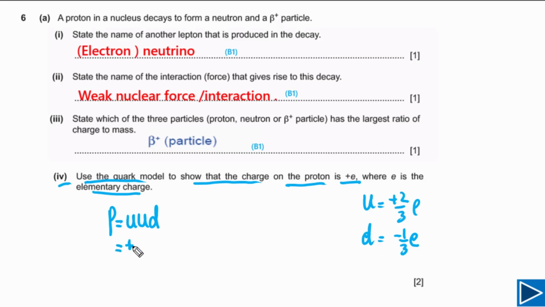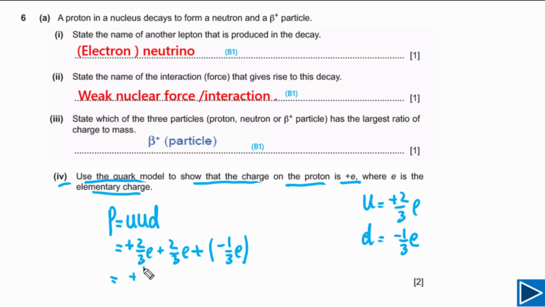So the charge on 1 up quark is 2 by 3e. We have 2 up quarks, so we write this 2 times, and we need to add the charge on the down quark, and the charge on the down quark is minus 1 over 3e. Now simply we can add these: plus 2 by 3e plus 2 by 3e.